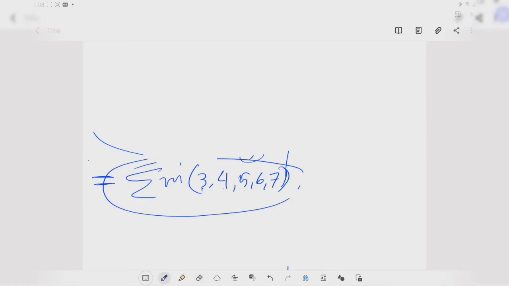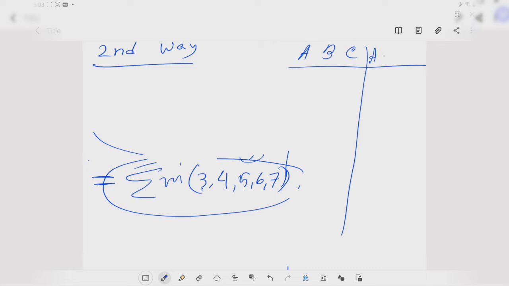Okay, now the second way. The second way is the truth table way. So now we have the function A plus BC. We want to find the truth table. So we have A, B, C, and we want to find the truth table for A plus BC.